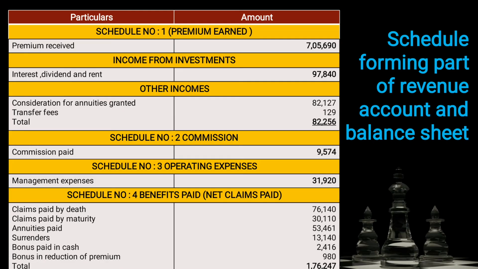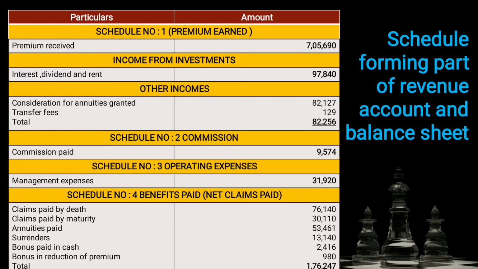Okay. See, as I said, these are the schedules for the revenue account. There are 4 schedules. First schedule is premium earned. In the premium earned, you have 2 more headings, that is income from investment. Another one is other income. So as we have seen in the question, premium earned must be written on the schedule number 1. And then whatever income you are receiving from the investment has to be written on the subheading, income from investment.